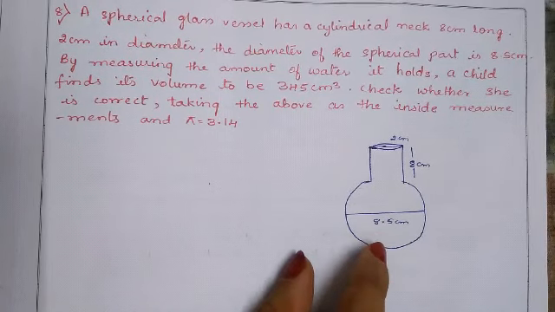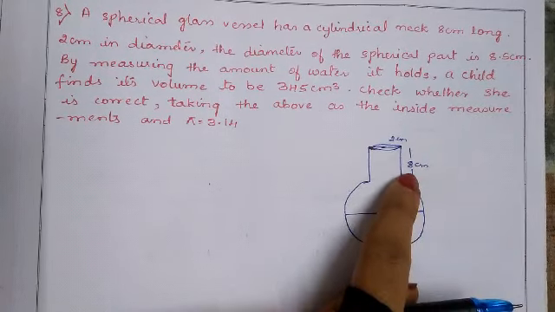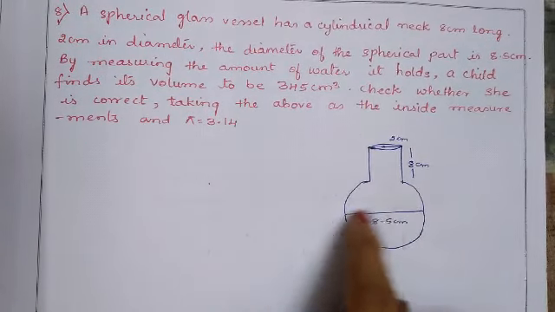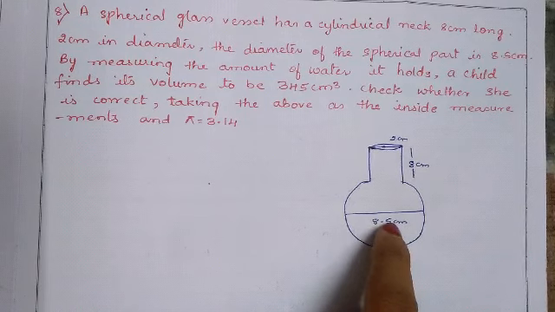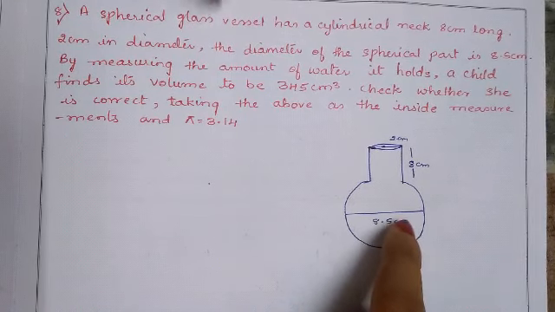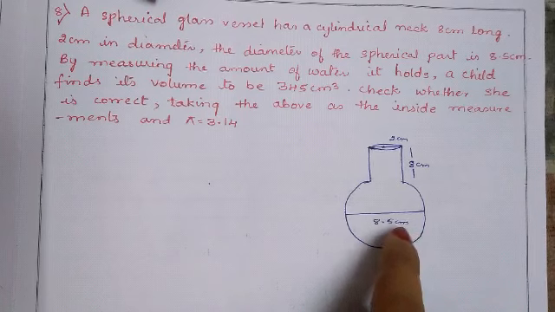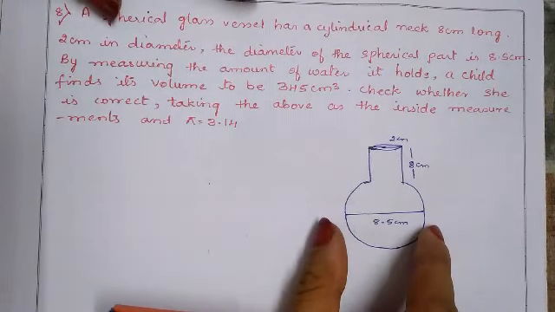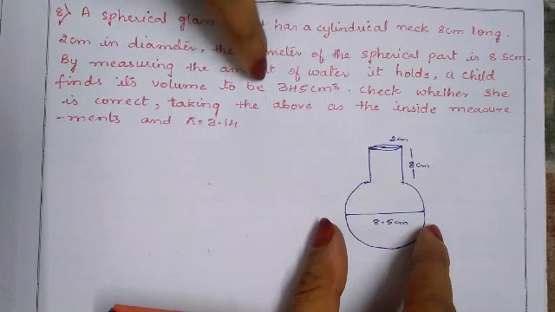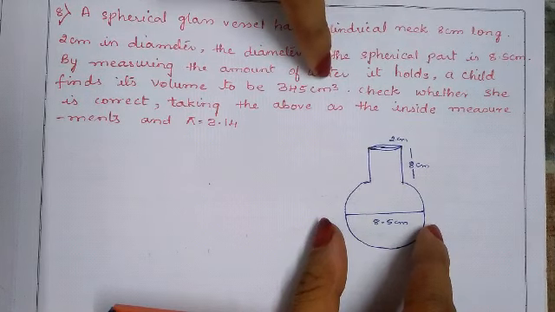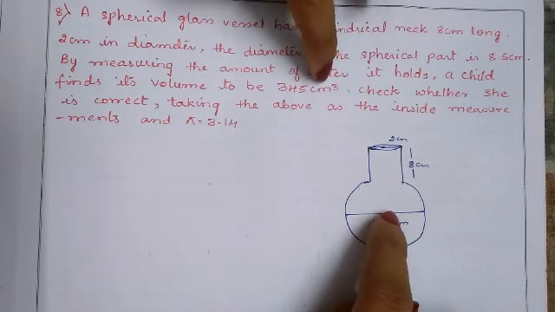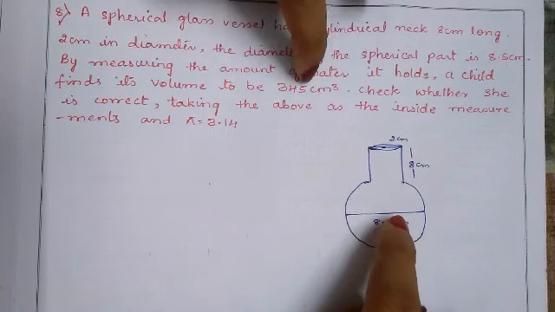It has a neck of 8 centimeter and neck diameter 2 centimeter, and the spherical part is 8.5 centimeter and full of water. By seeing the vessel, a child says that its volume is 345 centimeter cube. A child is just guessing.